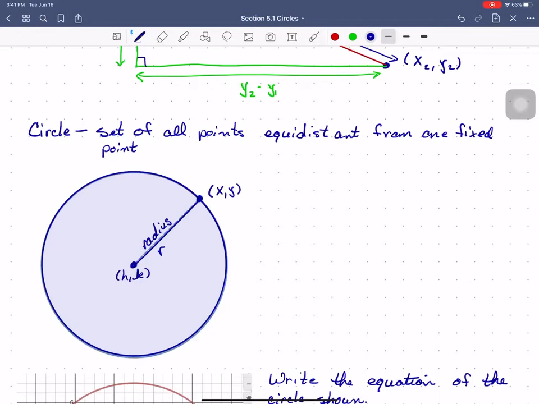So what that means is that my radius, my distance that defines my circle, my radius is the distance between my center point and any point on the circle.